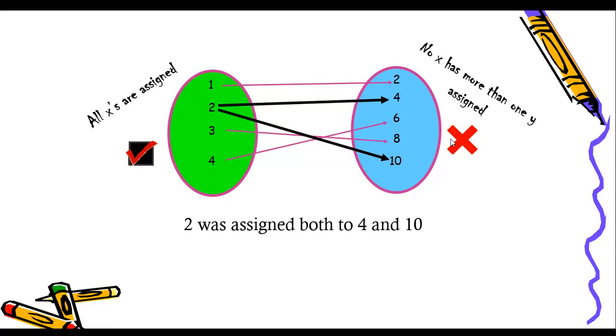If that's so, this relation is not a function. Again, why not? Because it did not satisfy our second condition. And what type of relation is this? A one-to-many relation. And a one-to-many relation is not a function.